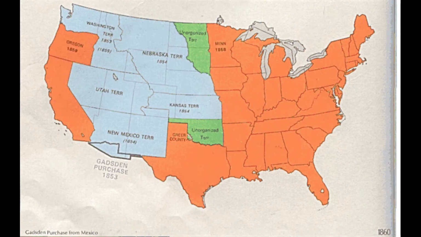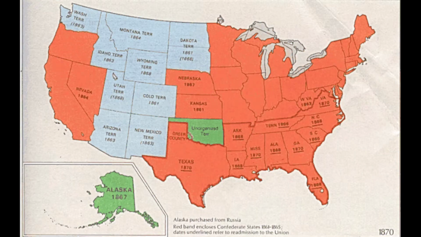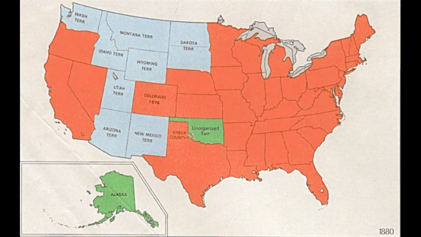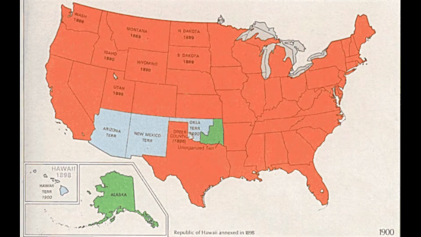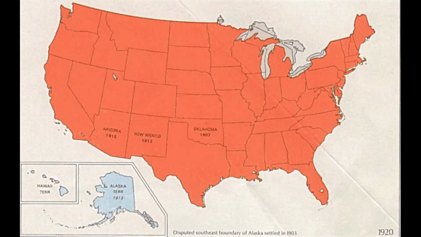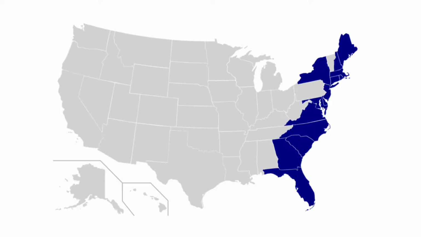By the 1760s, the 13 British colonies contained 2.5 million people and were established along the Atlantic coast east of the Appalachian Mountains. After defeating France, the British government imposed a series of taxes, including the Stamp Act of 1765, rejecting the colonists' constitutional argument that new taxes needed their approval.